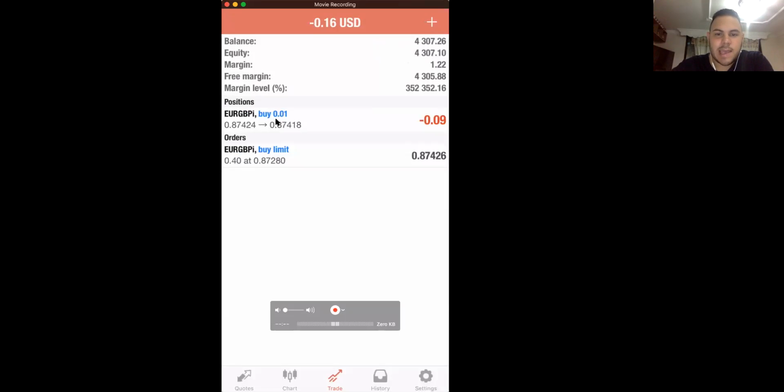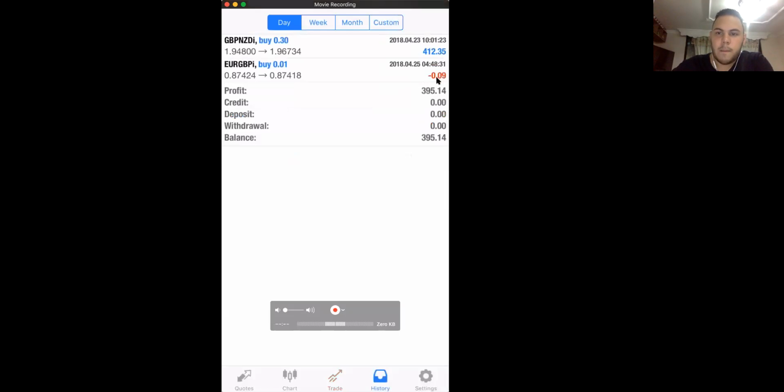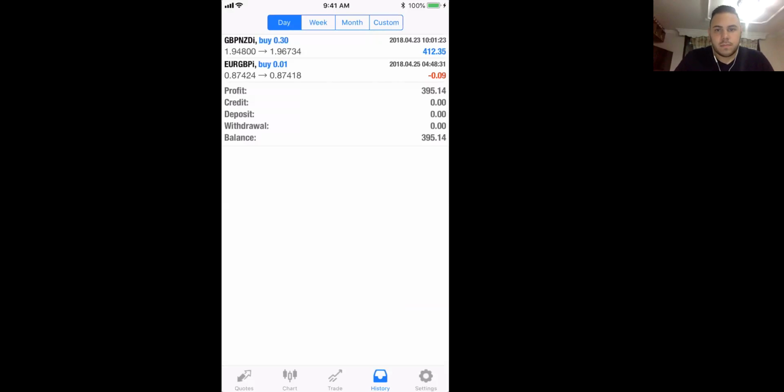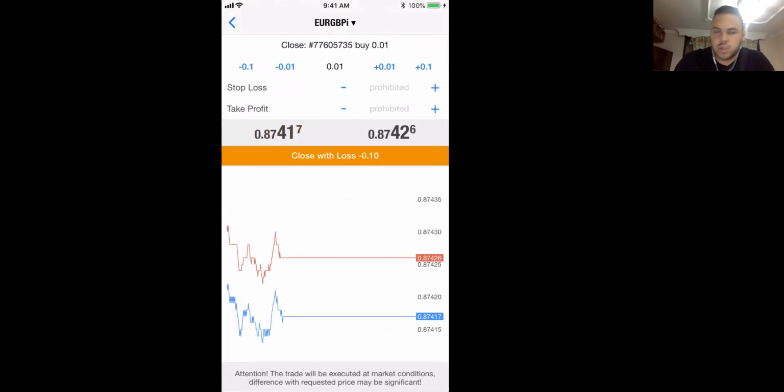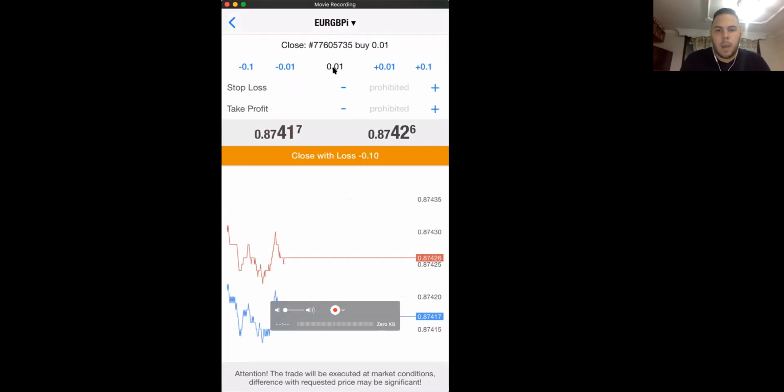And it's gonna keep open the 0.01 remaining. And if I go to my history, I'm gonna see my 0.01 closed. So in other words, you close and you just adjust your lot size, and that's how you take a partial position.